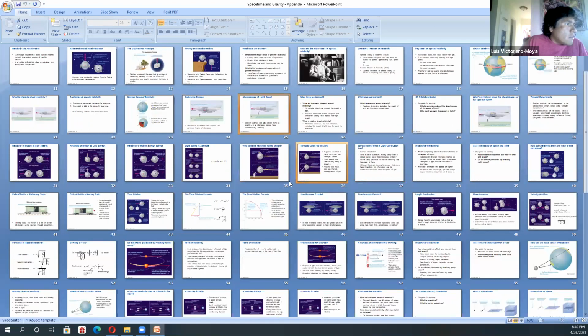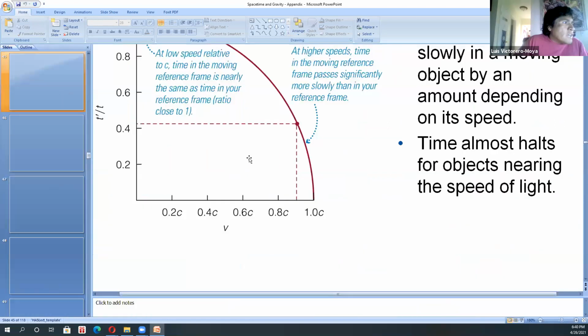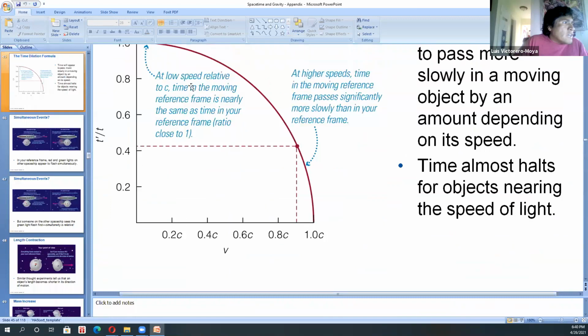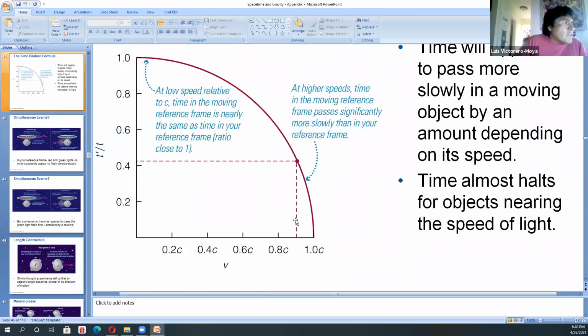So the time dilation, guys, again, you don't have to worry about the formula, but it's always important to realize that as you go at the speed of light, right? Time in the moving reference will go significantly more slowly.